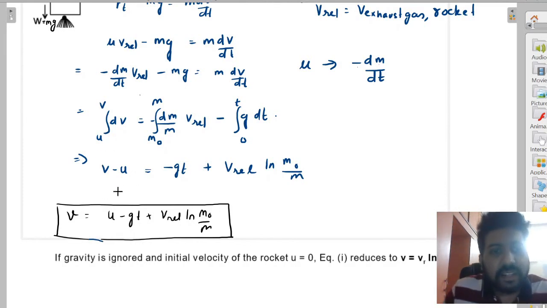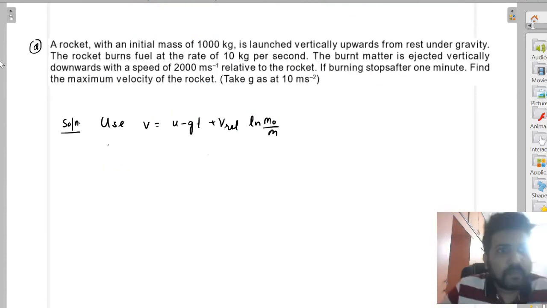So the final relation will come out to be v is equal to u minus gt plus v relative ln m naught by m. This is the final velocity for rocket propulsion. This is the velocity that the rocket will achieve in time t. If gravity is ignored, then this term becomes 0. And if the initial velocity is also 0, then the velocity becomes v relative ln m naught by m. VR here is v relative.